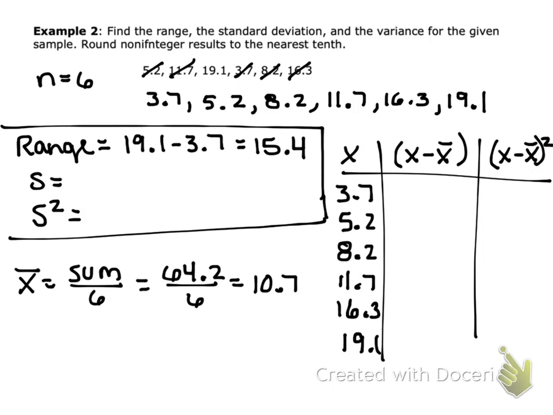So now I'm going to take each value and subtract that mean. So I would end up with negative 7, negative 5.5, negative 2.5, 1, 5.6, and 8.4.